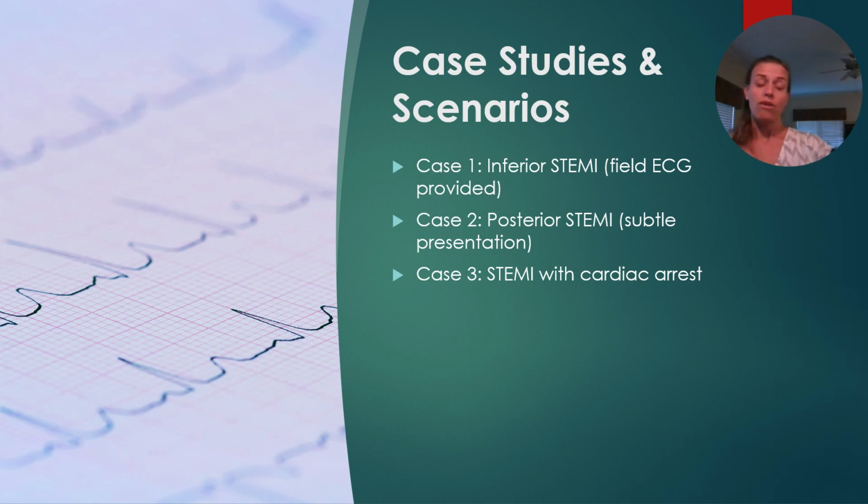Okay. Now, if we're taking a patient with a STEMI and we're en route and now they've gone into cardiac arrest, what would our sequence of actions be? Right. I didn't cover this earlier because we would cover it here.